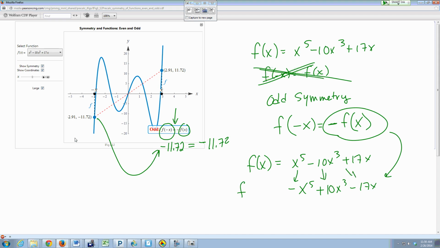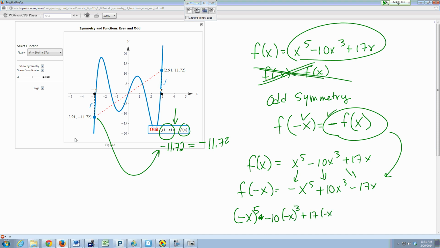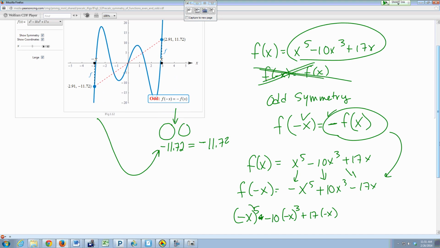Now I have to see if f of negative x equals that, and then my left side will equal my right side. So I go back to my function and input negative x to the fifth, minus 10 times negative x to the third, plus 17 times negative x. And let's see what that equals. When I have the fifth power here, negative 1 to the fifth is going to give me a negative 1x to the fifth, minus 10.